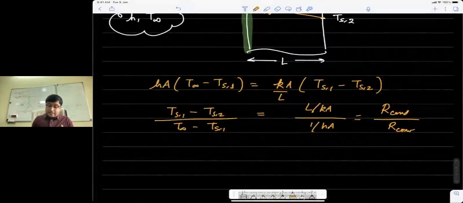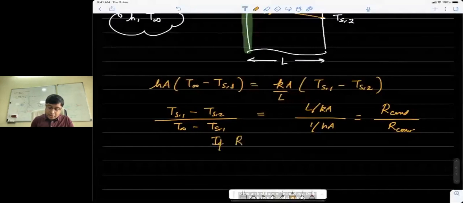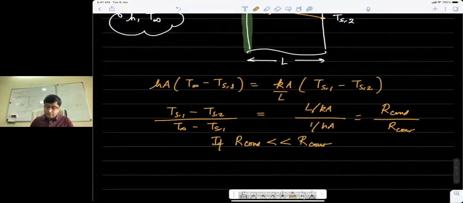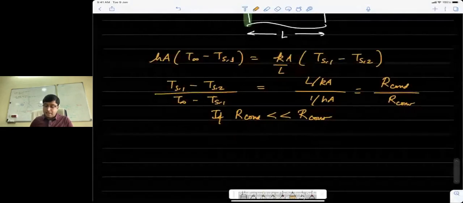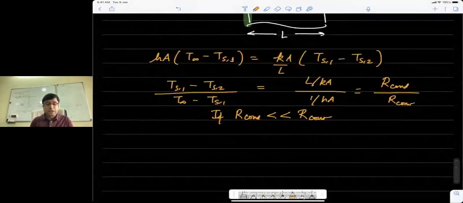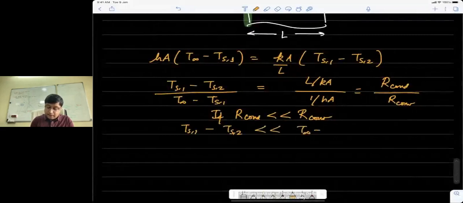So in case R conduction was much less than R convection, the conduction resistance was very small as compared to convection resistance, then this number, R conduction by R convection, would be much less than 1, which would mean that TS1 minus TS2 would be much less than T infinity minus TS1.